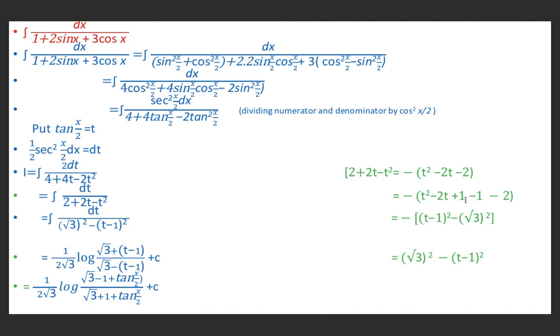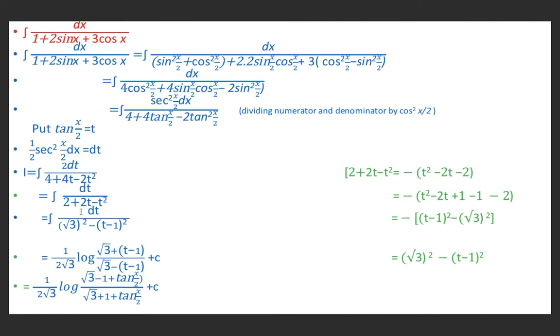So this is nothing but t minus 1 whole square, minus 3, so this is the square of under root 3. Because we have minus outside the bracket, we can write it as under root 3 whole square minus t minus 1 whole square. So this is 1 upon under root 3 whole square minus t minus 1 whole square, and we want to integrate this expression with respect to t.